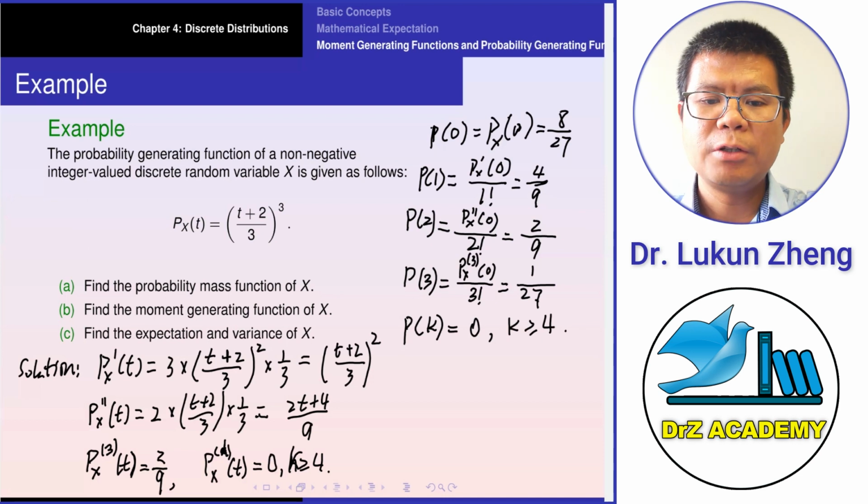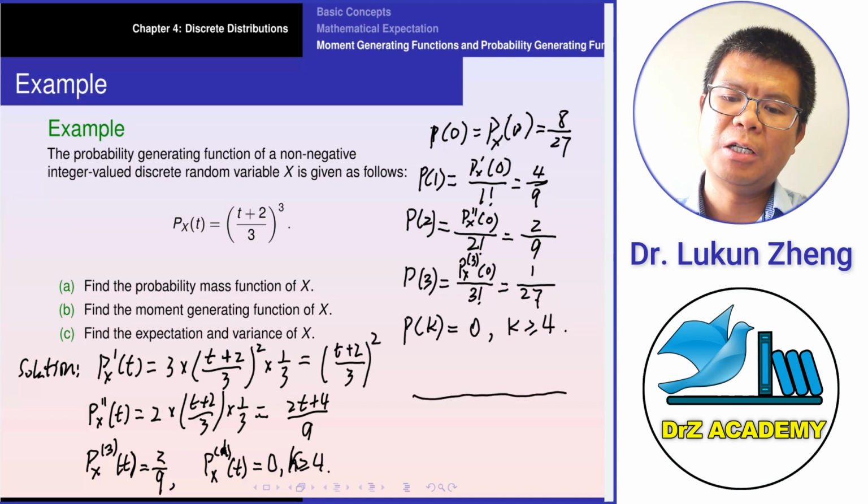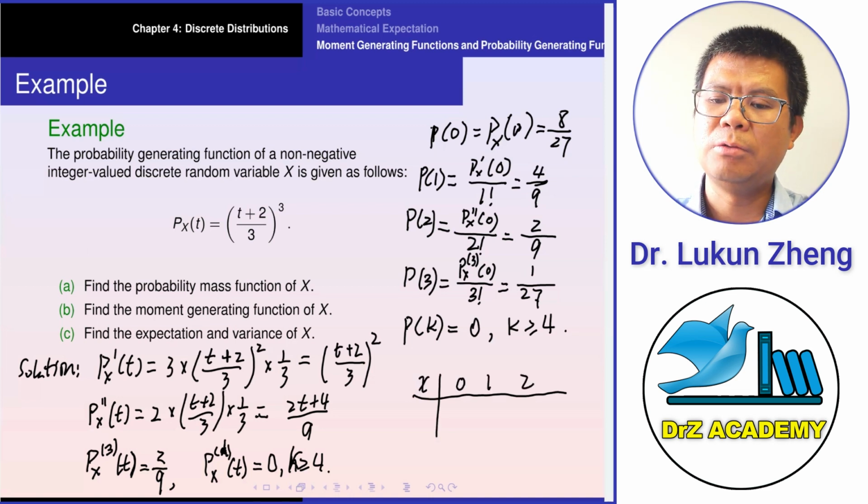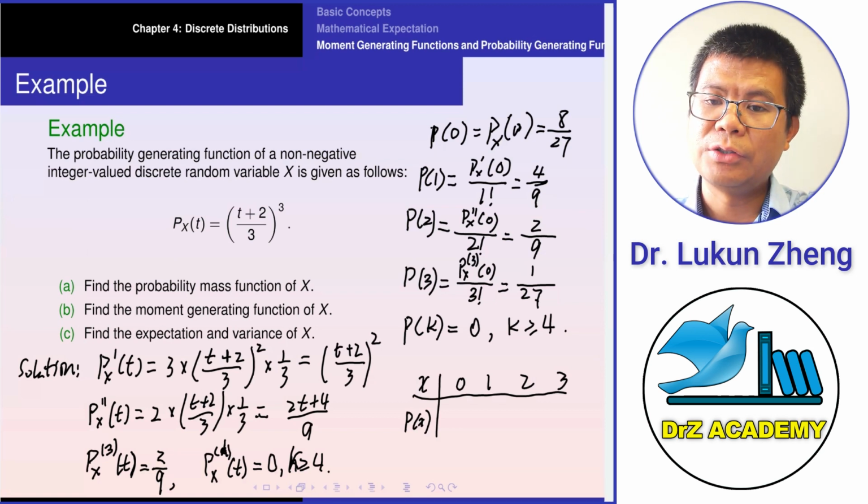So therefore, the probability mass function is simply: the possible values of x are 0, 1, 2, and 3, and p of x is 8 over 27, 4 over 9, 2 over 9, 1 over 27.